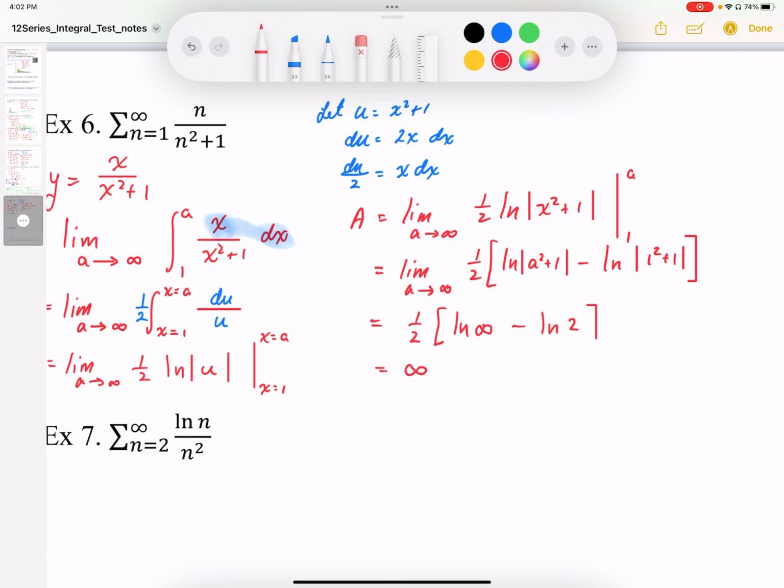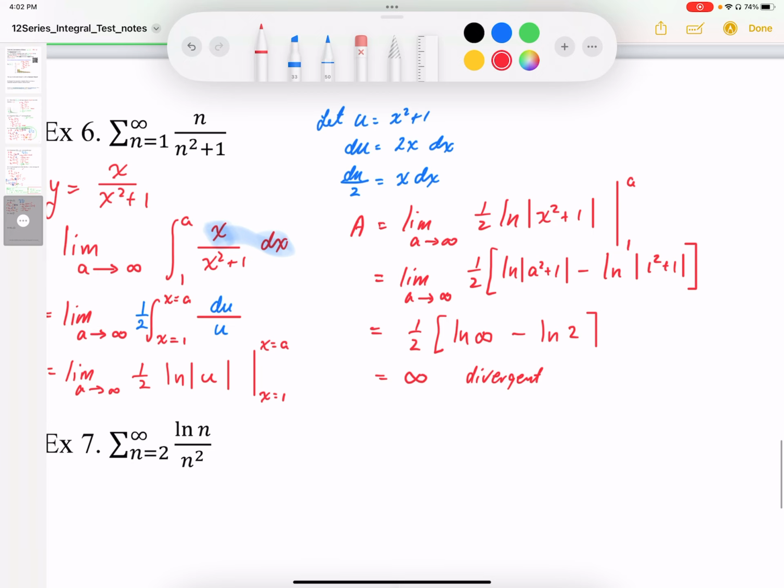That's still going to be infinite, so this is divergent, which lets us conclude that, therefore, the infinite sum is also divergent.